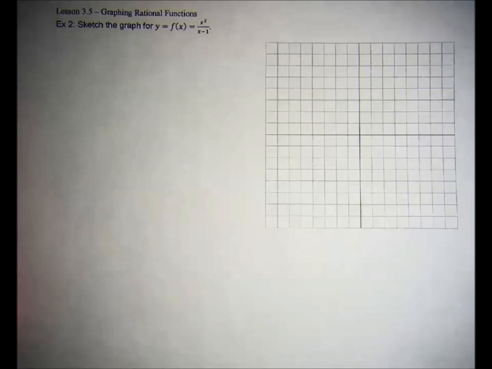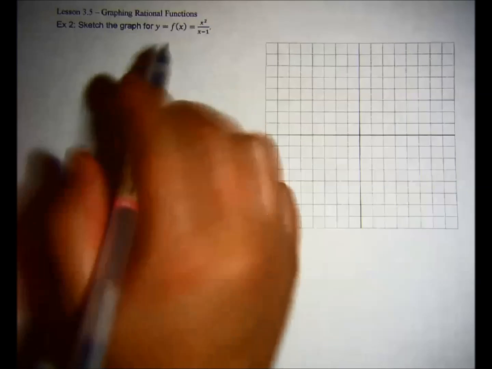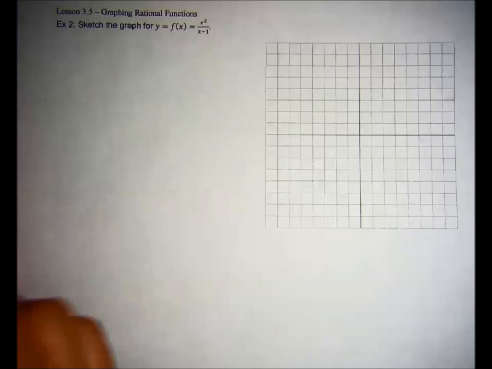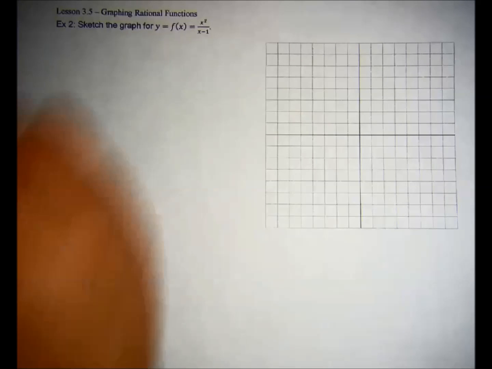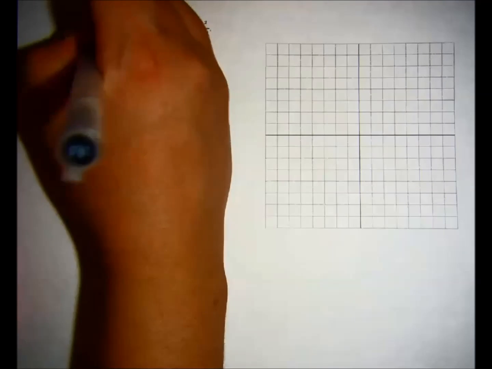Okay, for this example, we have the function x squared over x minus 1. So the first thing we are going to do is to figure out that the function is not continuous. We will have a break in the graph at x equals 1 because that is the 0 of the denominator. So our vertical asymptote will lie at x equals 1.